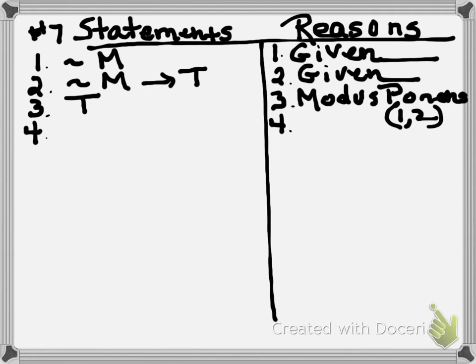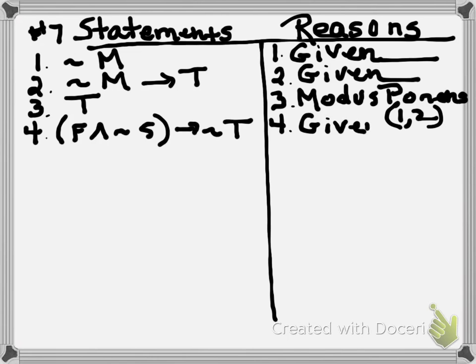So I'm going to bring in F and not S implies not T. And I'm putting that together with T, arriving at the conclusion of the negation of the hypothesis, which is not, then the parenthesis F and not S. I don't actually get rid of those parentheses now.